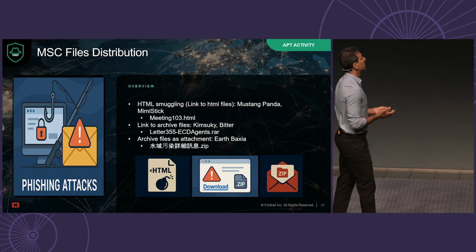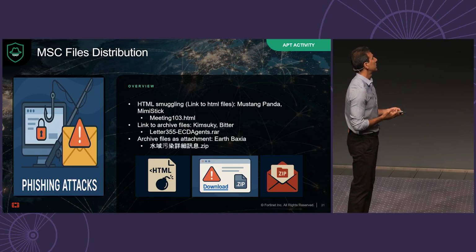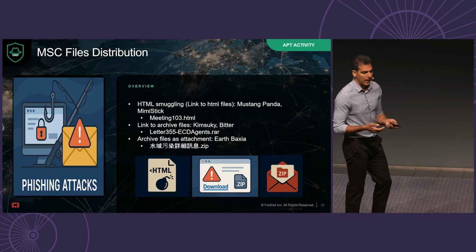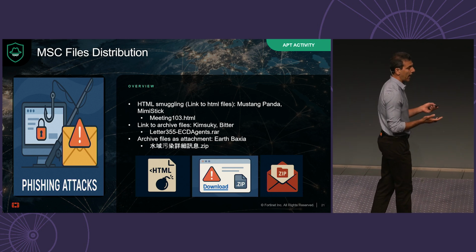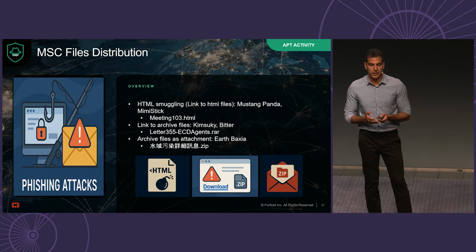Some threat actors like Kimsuky and APT Bidder include a link to an archive file in their operation, and when you download the archive file, it contains a malicious MSC file. And some threat actors like Erspectia directly attach the archive file that contains the MSC file in the phishing email.